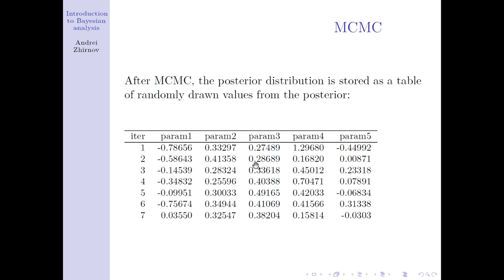Once you have such a table, you can use it to produce summaries, to produce estimates for your parameters, to capture the uncertainty that you should have about those estimates, and to compute all sorts of quantities of interest that depend on the parameters in the model.